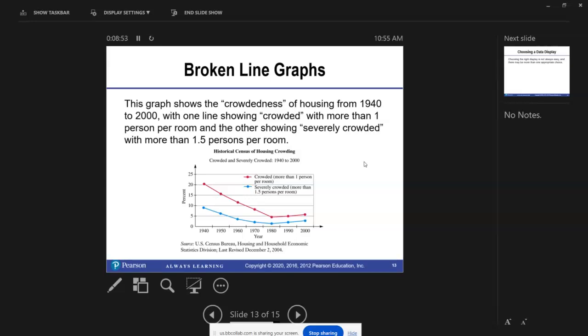One line showing crowded with more than one person per room, and the other is showing severely crowded with more than 1.5 people per room. And so sometimes it's nice to have both of those graphs on the same graph so that you can see a little bit more about that data.